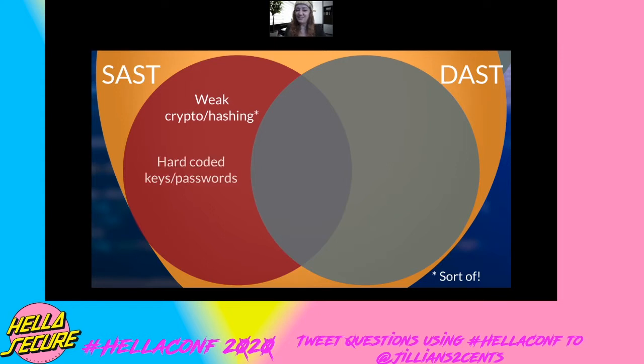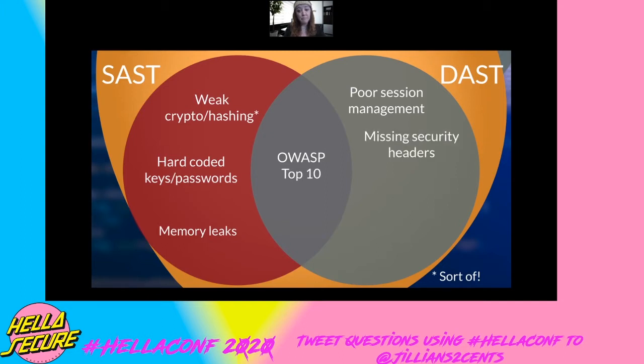It tries. Find things like hard-coded keys and passwords, memory leaks. They're both pretty good at finding the OWASP top 10. Dynamic testing, pretty good at finding poor session management, missing security headers, default passwords, and insecure server configuration.